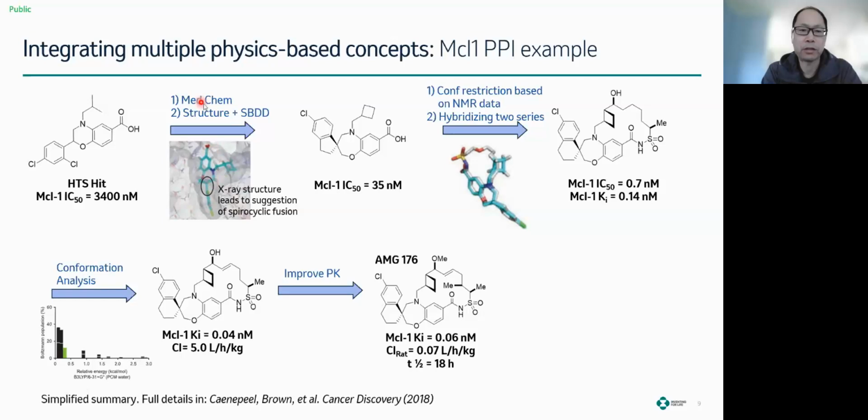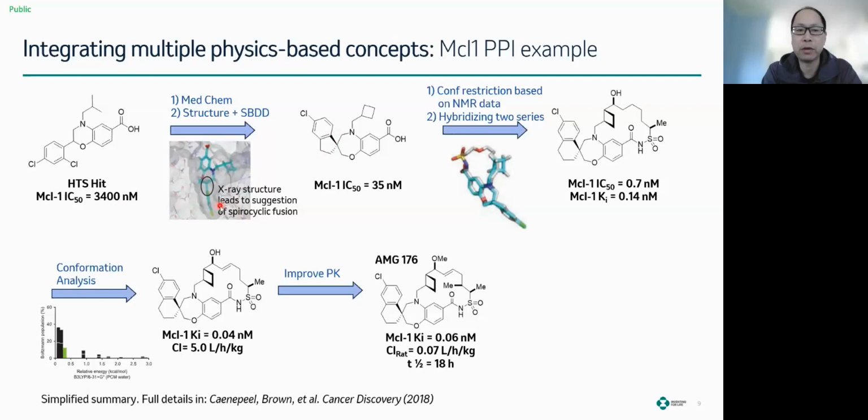And through evolved medchem, so just adding groups and trying things out, for instance, cyclizing this group or modifying this acid, and then combined with the crystal structure in structure-based design, we noticed that there was a space in the pocket that wasn't quite filled, and we wanted to link that up, and that's how you get this cyclization here and the spirocycle here.